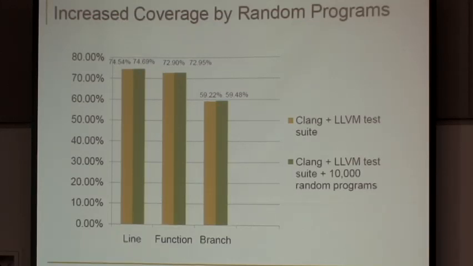Well, it's not as much as we expected. As you can see, for coverage on lines, functions, and branches, it's almost identical. It doesn't increase too much. So our guess, at this stage, is that those coverage metrics are not fine-grained enough to reflect the strength of random testing.